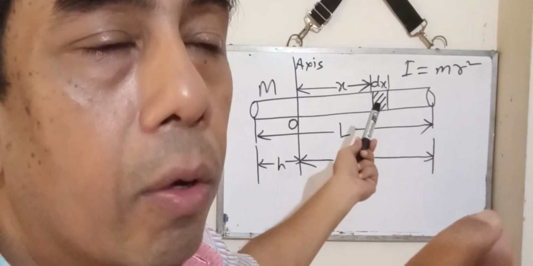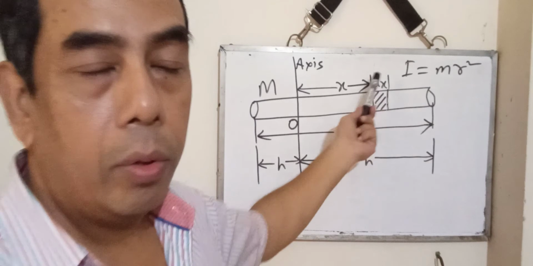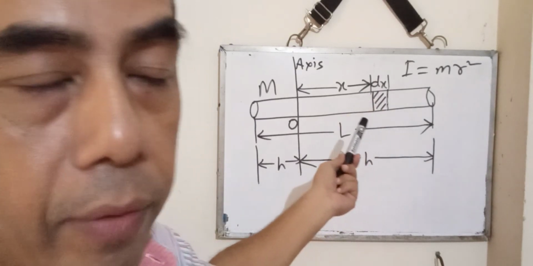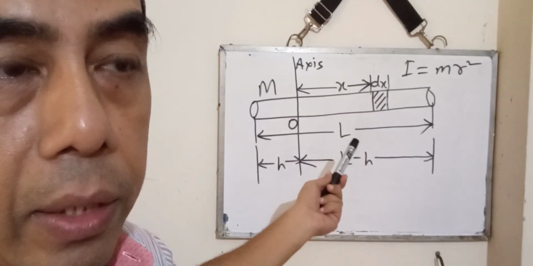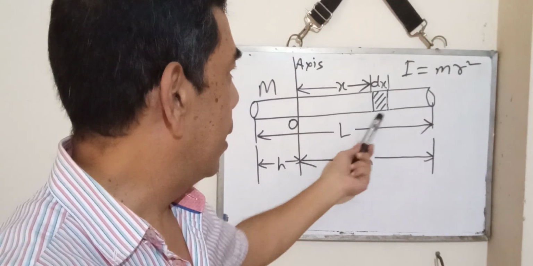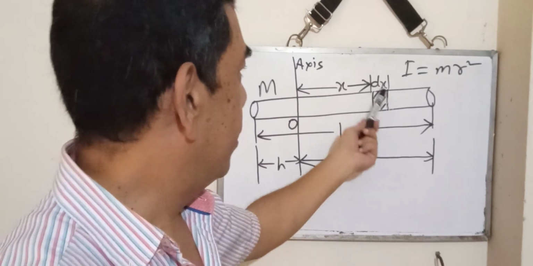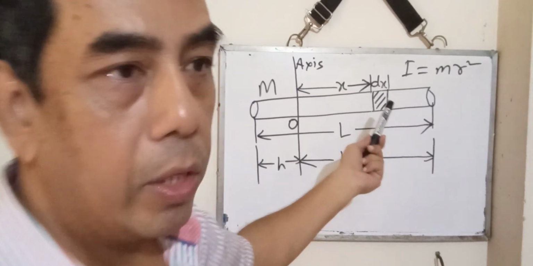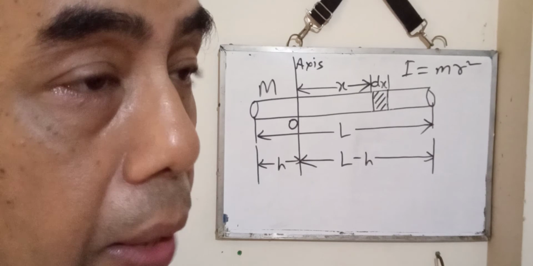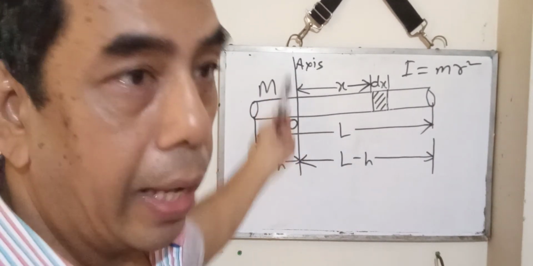Infinitesimal means very, very small. We have to consider an infinitesimal mass. Suppose this is the infinitesimal mass of length dx, and this mass is x distance away from the axis.